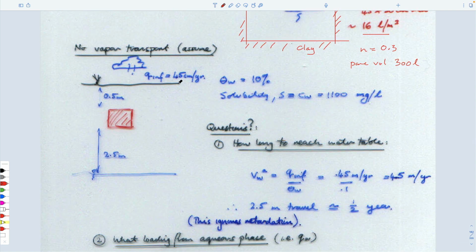So if you have 45 centimeters of infiltration, which is roughly the rainfall amount, you have this plug of material down here which is below the surface. It would be connected to the surface by water, so instantly it would be in contact with water. And so we can ask those two questions. How long will it take to reach the water table if it comes from here down to this?